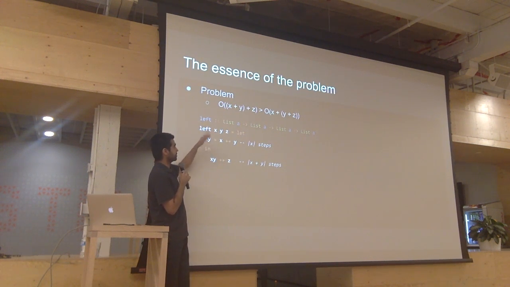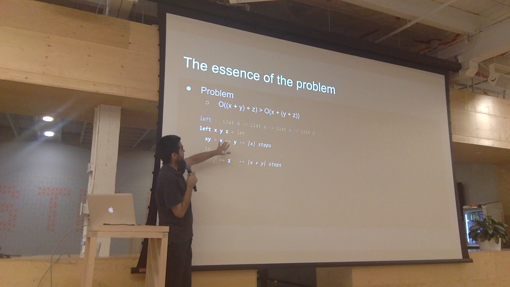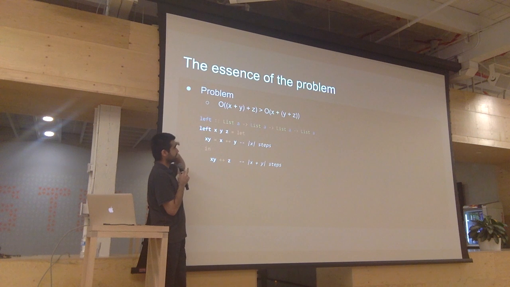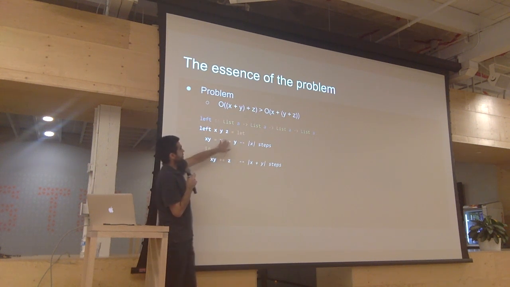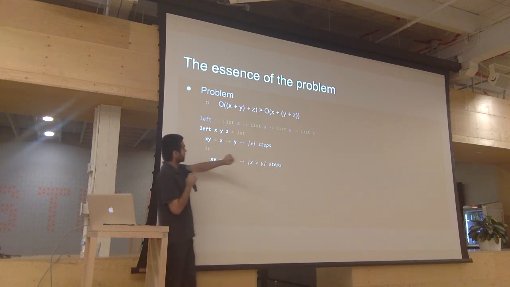Haskell is a lazy language, so it's not as explicit, but basically I'm saying, okay, if I have 3 inputs, x, y, and z, one way to do it, and this is what I'm calling the left associative way, would be to first compute x and y, group them together. This will take x number of steps.